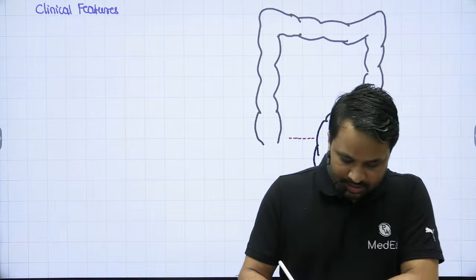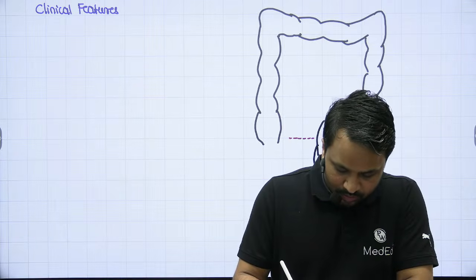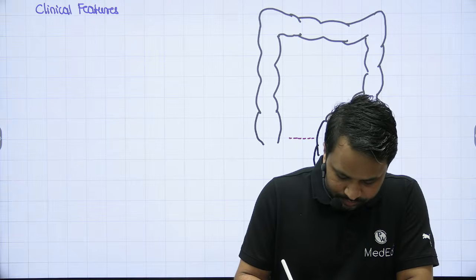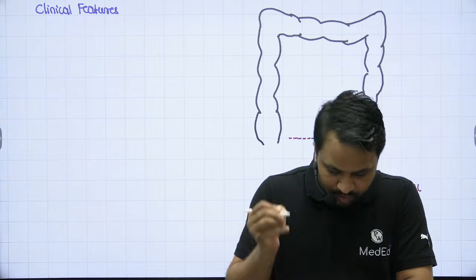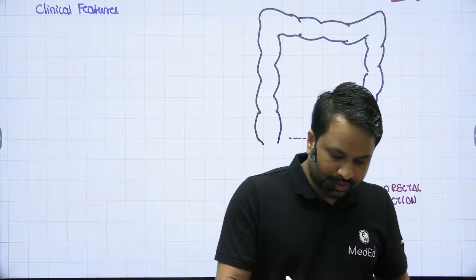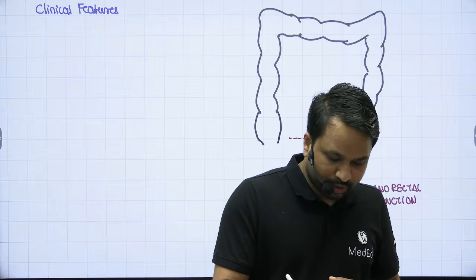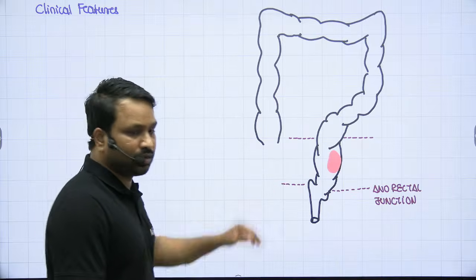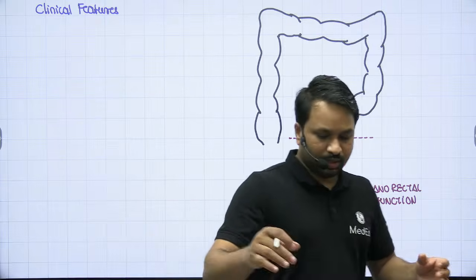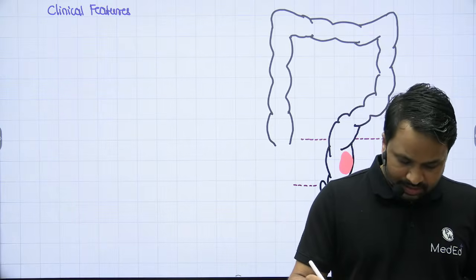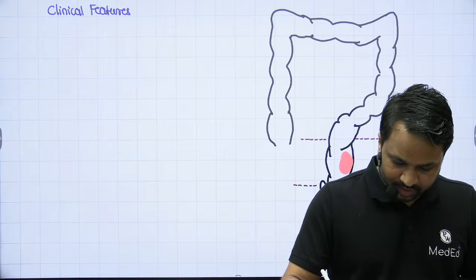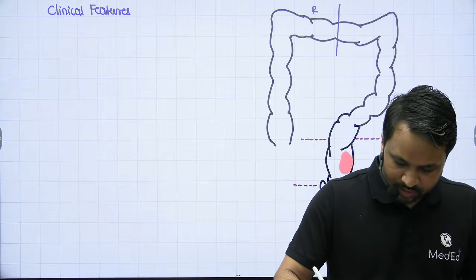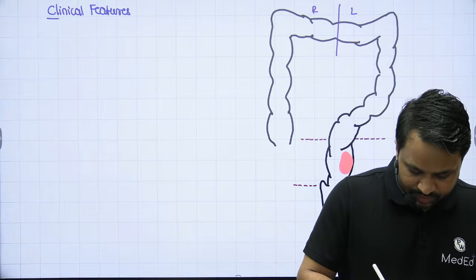Usually the tumor is going to arise in the rectum somewhere across here, right? Now what are the clinical features? If you look at the colon, this is the right side and this is left, so it's going to be left-sided features, right?